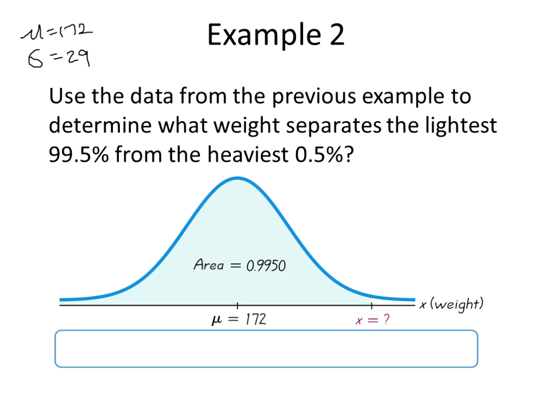Using the data from the previous example, we're going to determine what weight separates the lightest 99.5% from the heaviest 0.5%. The way the question is phrased, you're not asked to find a probability. Instead, you're given a percentage and asked to find the value that separates one part of the graph from the other.